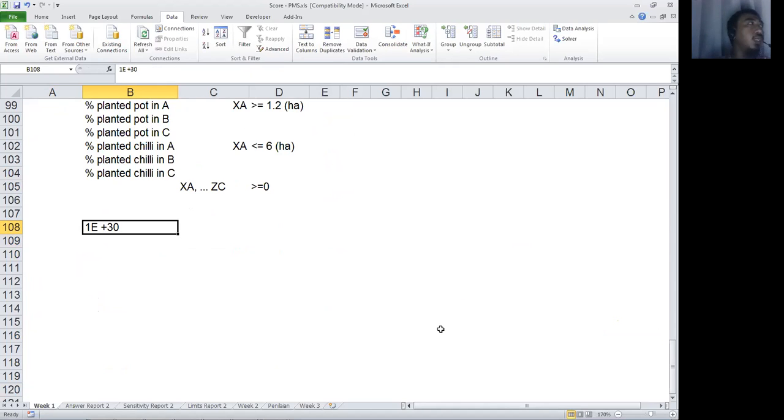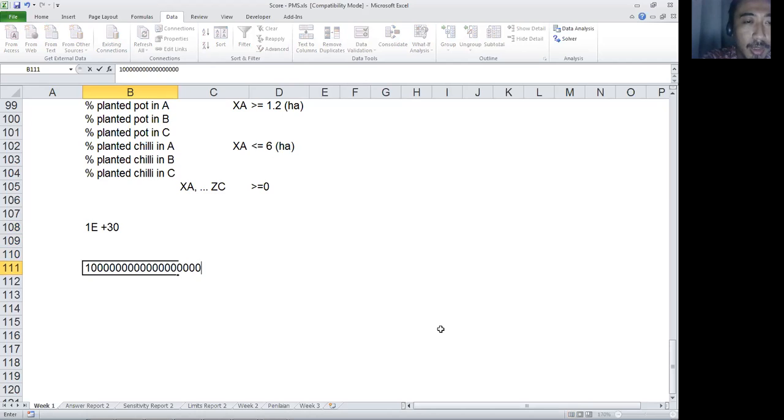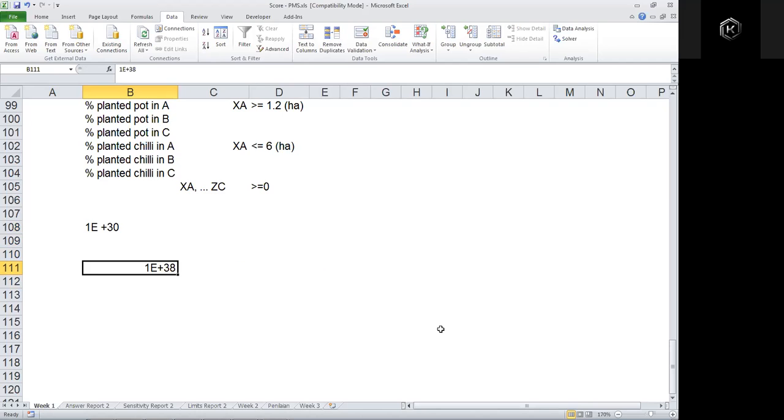Oh, yeah. So it means that 1e plus 30 means there is no limit because this number means 1 followed by 30 zeros. What we call this? Million, billion, and so on.